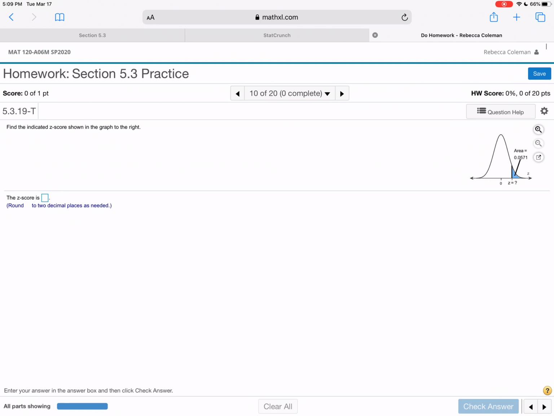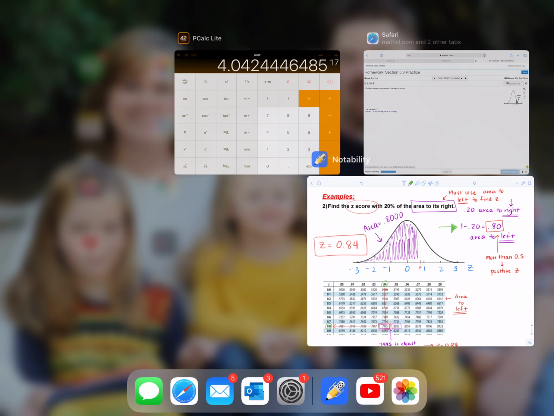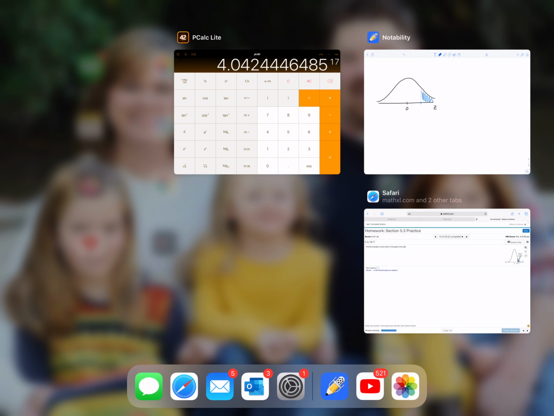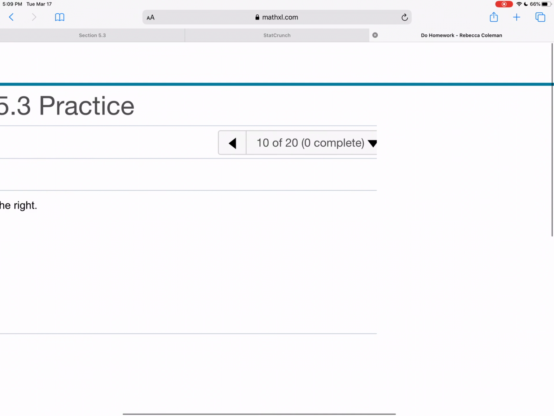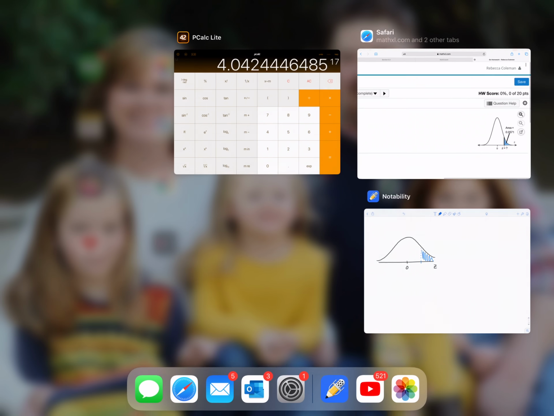And the question says find the z-score that corresponds. All right, so again, what I'm looking at here is my standard normal curve with a mean of 0 and a standard deviation of 1. And I am given an area to the right of 0.0571.